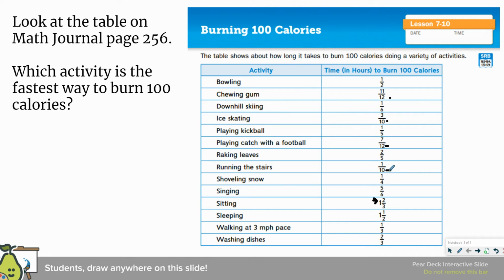The tenths and the twelfths are the biggest denominators, but 11/12 is almost a whole hour, so it wouldn't be that one. 3 out of 10, 7 out of 12, 1 out of 10. I know that 1/10 is going to be my smallest fraction, which means it's my smallest amount of minutes. So in this case, I would say running stairs is going to be your fastest way to burn 100 calories.